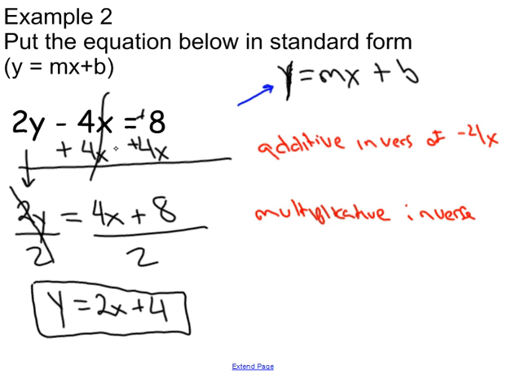Those are just some guidelines. Sometimes it might take more than 2 steps to do it, but for the most part, you should be able to do it in 2 steps.